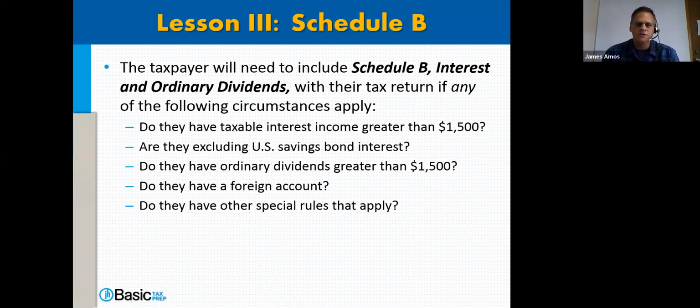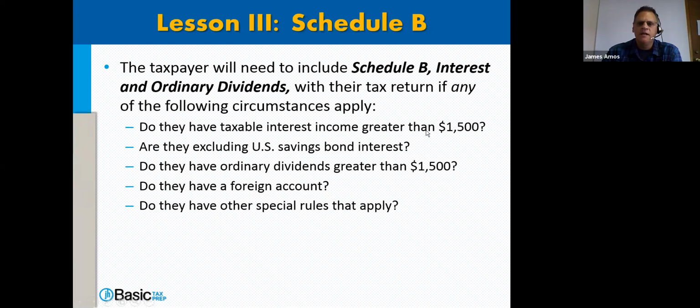You must use a Schedule B when your taxable interest is more than $1,500, or you're excluding U.S. savings bond interest, or the ordinary dividends are more than $1,500, or you have interest from a foreign account, or any of the other special situations apply, which I'm not going to have you worry about.